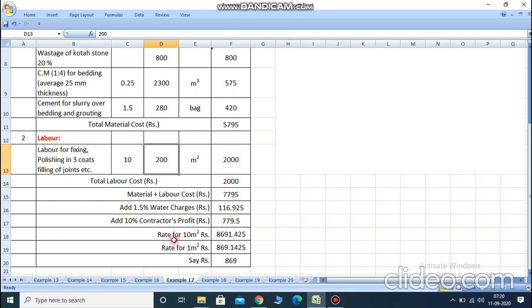Now the rate for the 10 meter square area of Kota stone is the summation of 7795 plus this one and this one. So we got the answer 8691.425. So per meter square rate is 8691.42 divided by 10. We got the answer 869.14 and the rounded figure is 869.